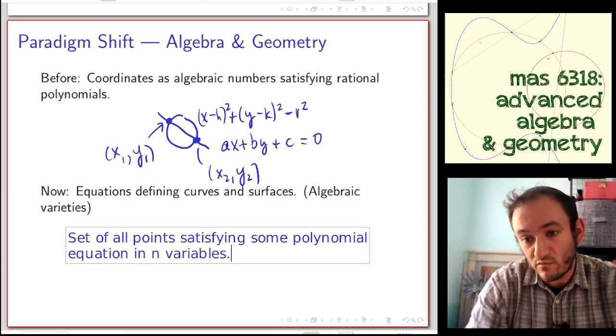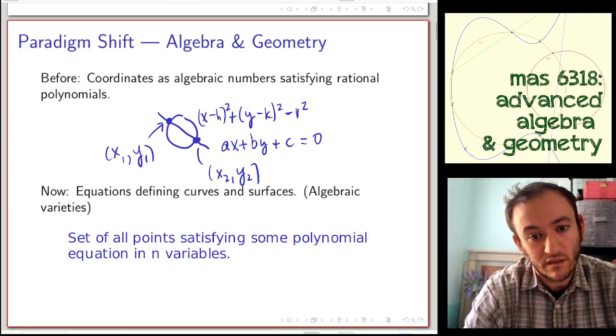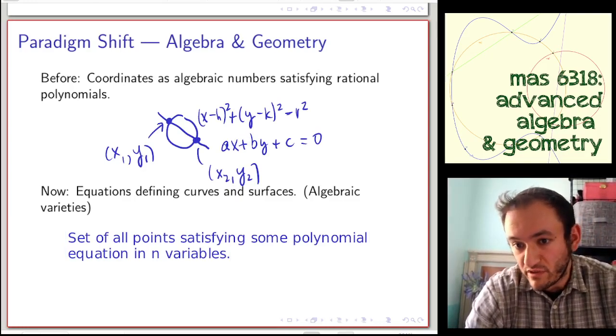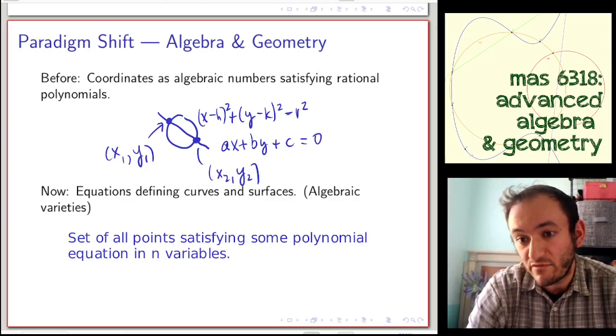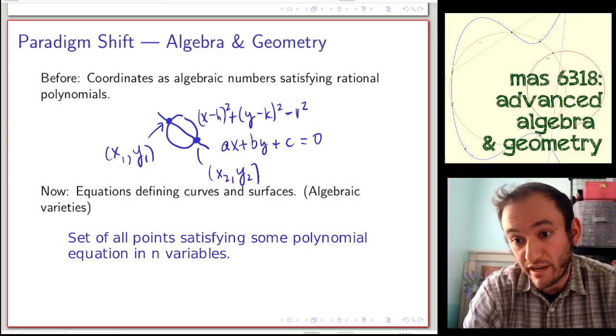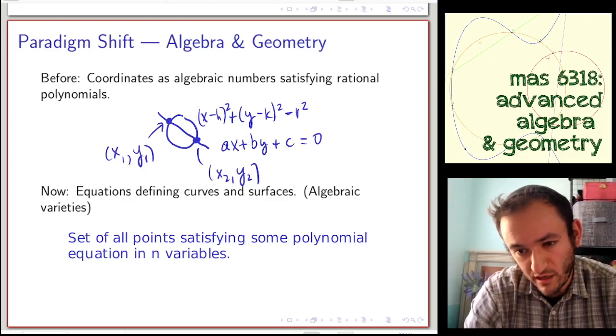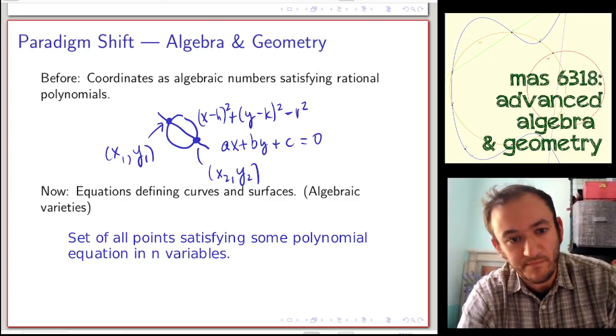We're going to start with two variables, working in the plane. In general, these are called algebraic varieties. The set of all points where a set of polynomials vanish are called algebraic varieties. But in our context, we're just going to be talking about curves and surfaces.